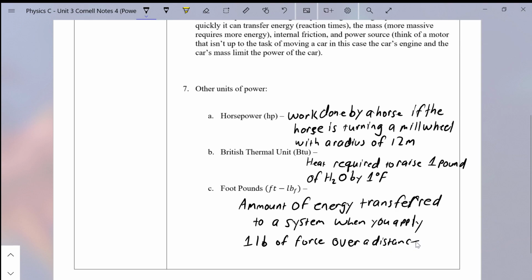A linear distance of 1 foot, not a rotational distance. So again, a foot-pound is the amount of energy that you impart to a system when you exert 1 pound of force over a distance of 1 foot.